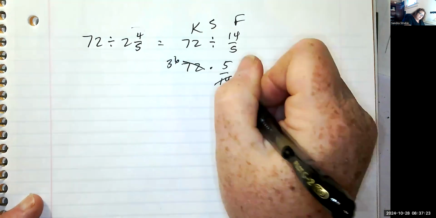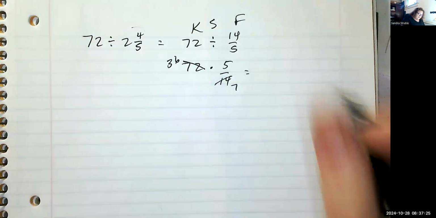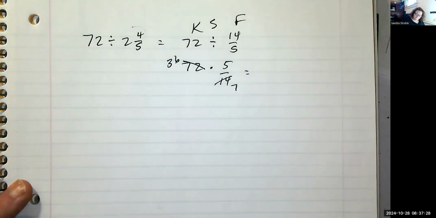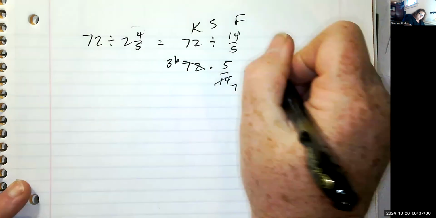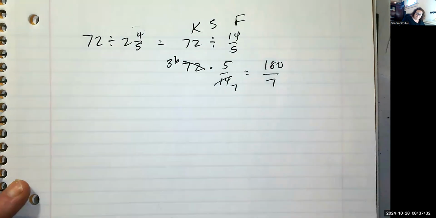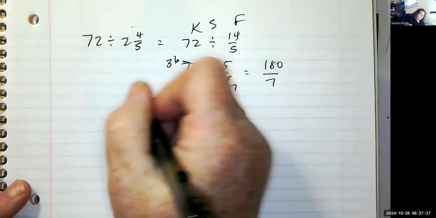36 and 7. 36 times 5 is 180. 180 divided by 7. 7 goes into 180 25 times.